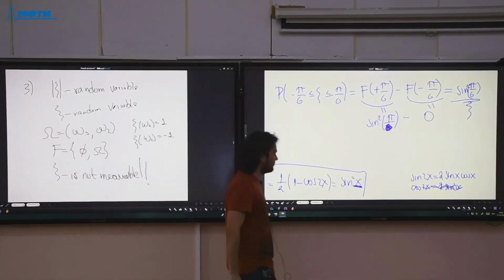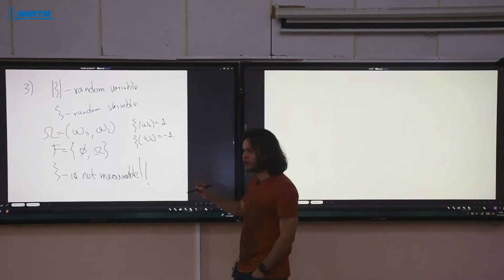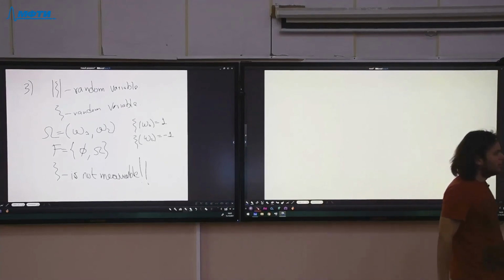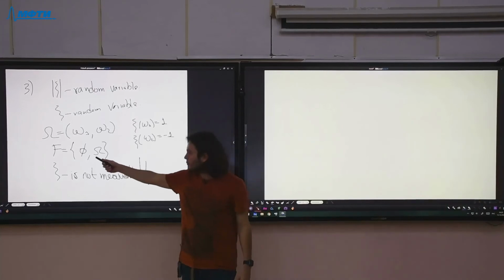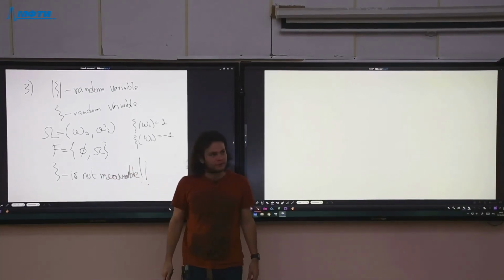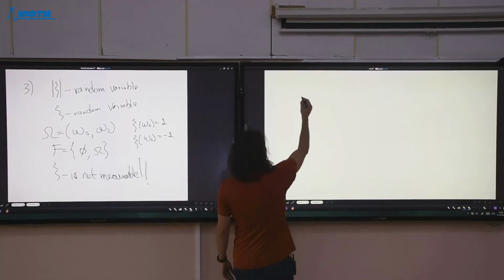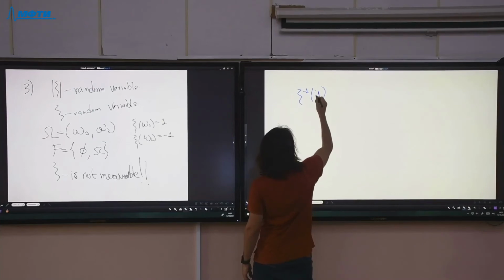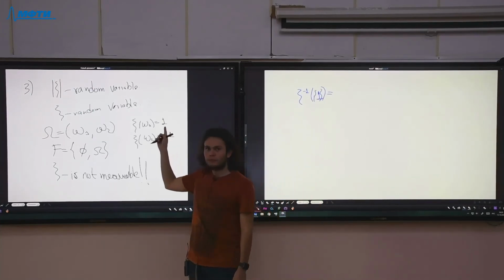Why? We say that a function is measurable if for any Borel set the preimage is an event, so it belongs to this F, right? Now, what is the preimage of 1? It is omega 1.